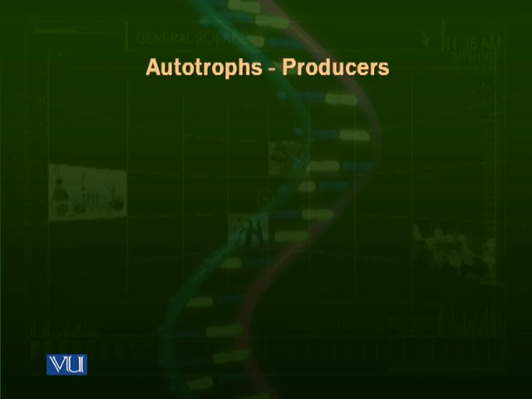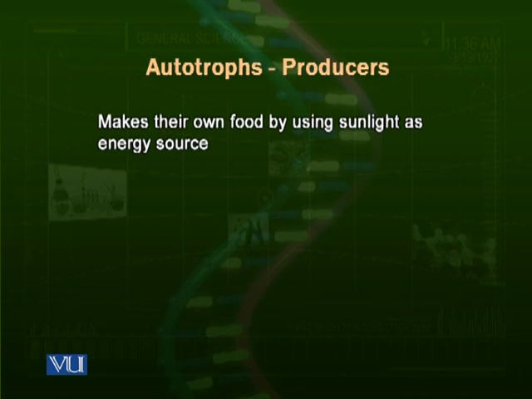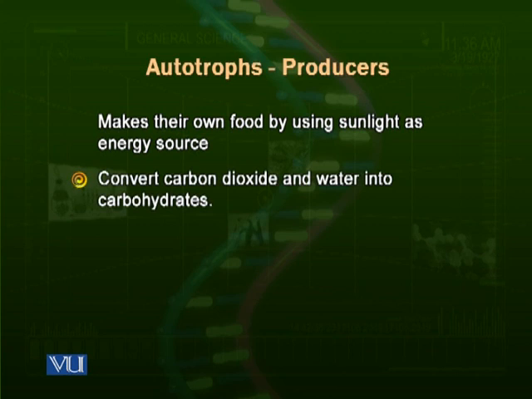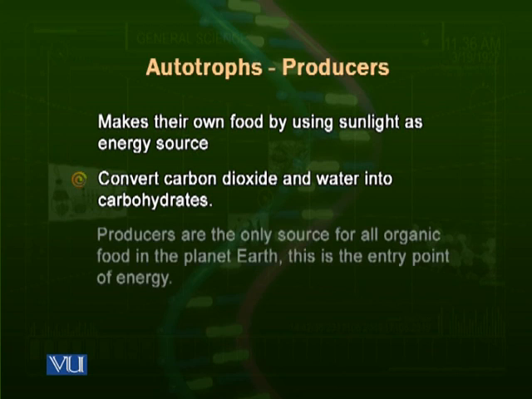Autotrophs, self-feeding. These are the organisms which make their own food by using sunlight as the energy source. They convert carbon dioxide and water into carbohydrates. Carbon dioxide, the inorganic form of carbon. The producers are the only source of all organic food present on the planet Earth.